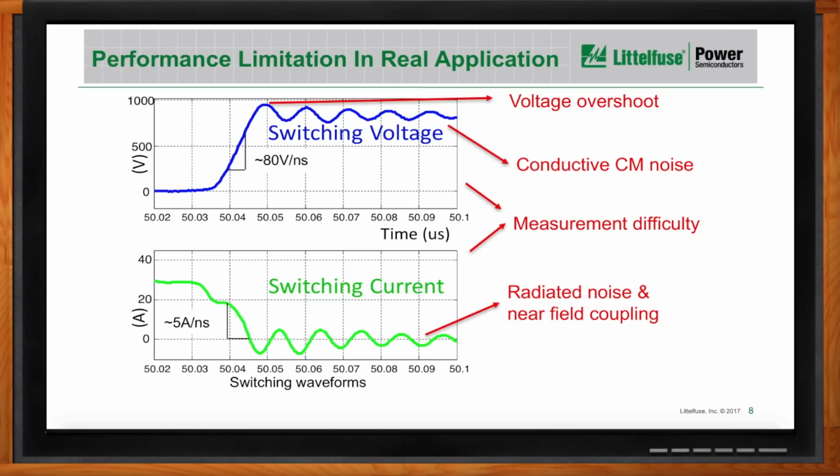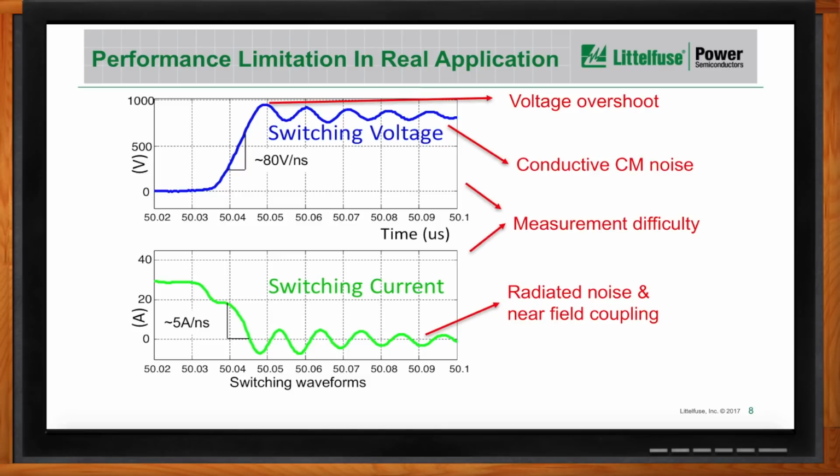For example, this high dIdt will generate a high voltage overshoot, which limits the voltage you can use for a certain voltage rated device. For 1200 volt devices, probably you can only use 800 volts, so you're losing a lot in voltage rating.